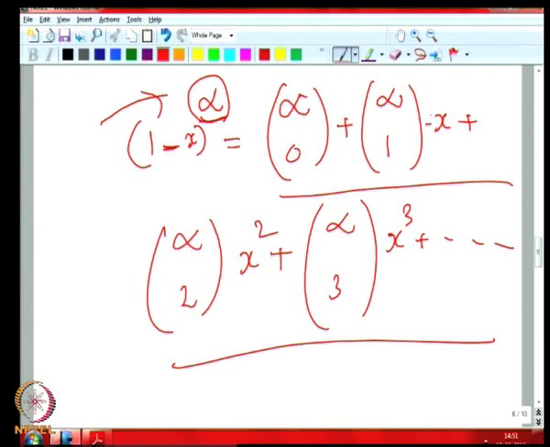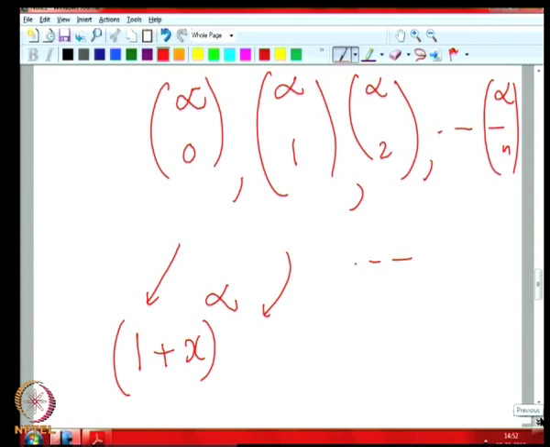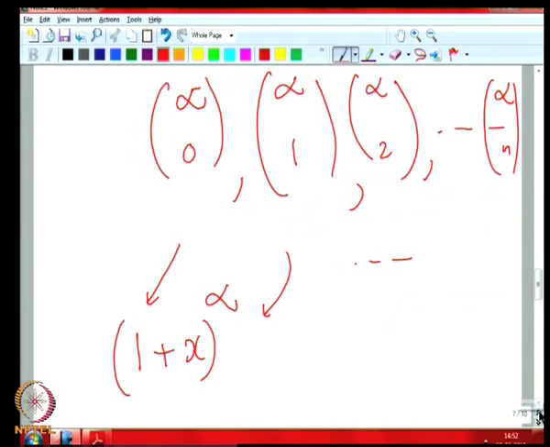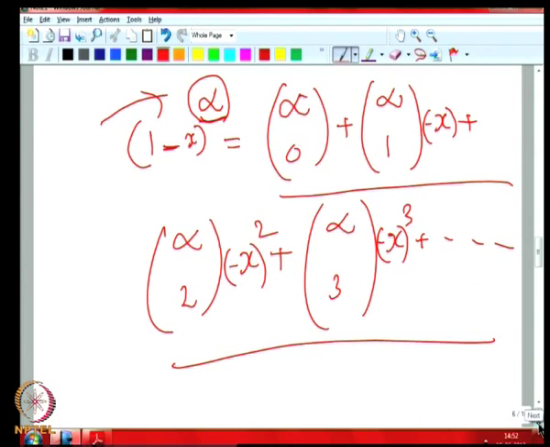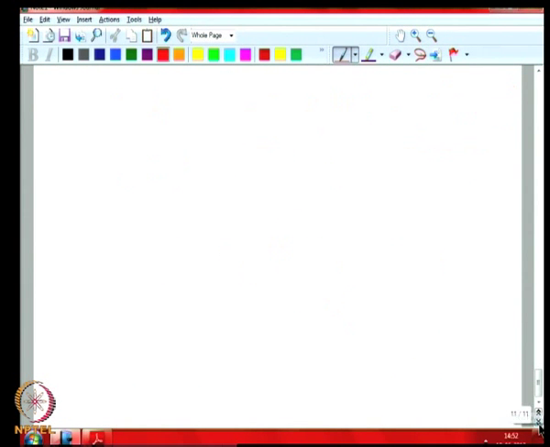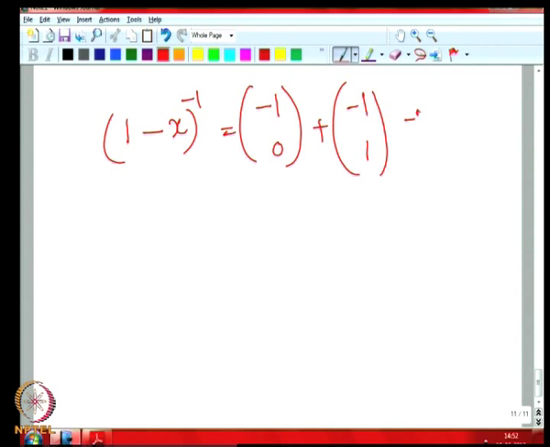Then here minus x, minus x whole square, minus x cube, and the general term will be, once again, if I consider 1 minus x to the power minus 1, what I get is minus 1 choose 0 plus minus 1 choose 1 to the power minus x.